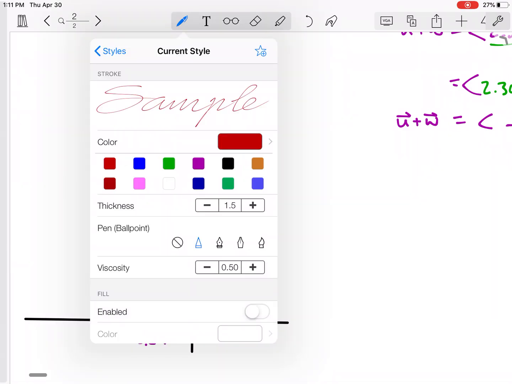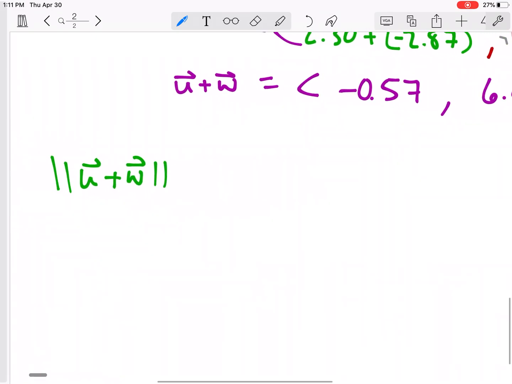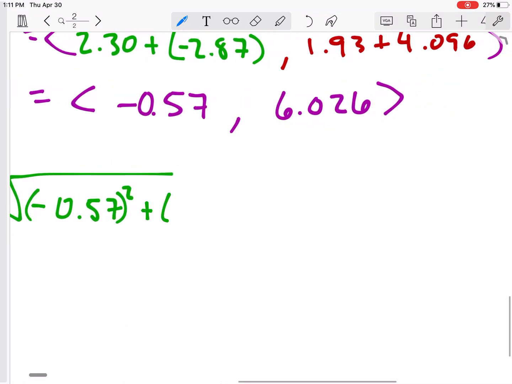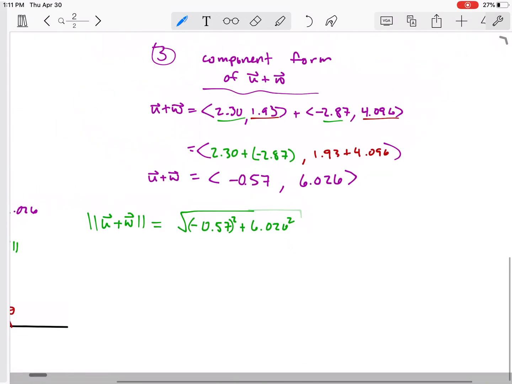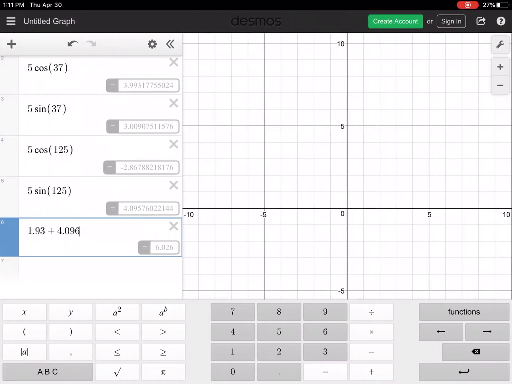Magnitude should be easy as always. We're just going to take the square root of the sum of the squares, so negative 0.57 squared plus 6.026 squared. You can do that all in a calculator at once, actually.